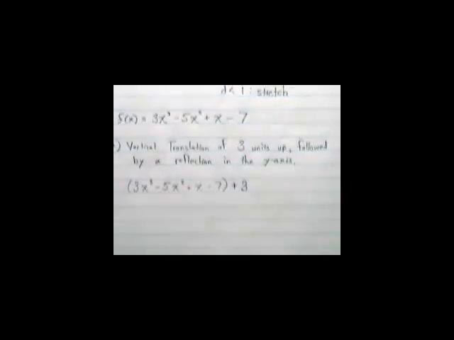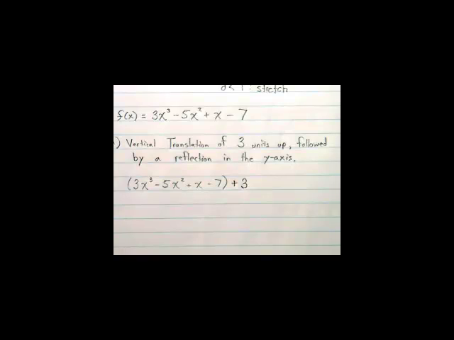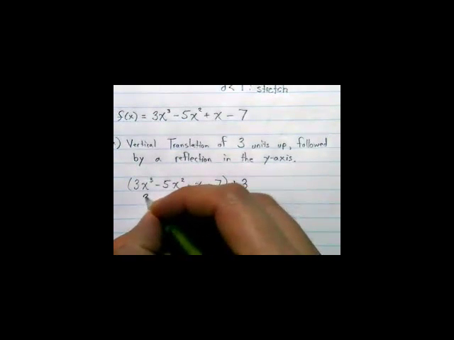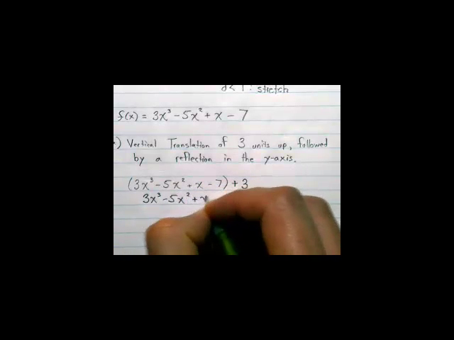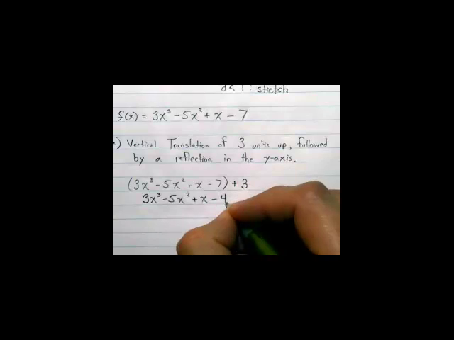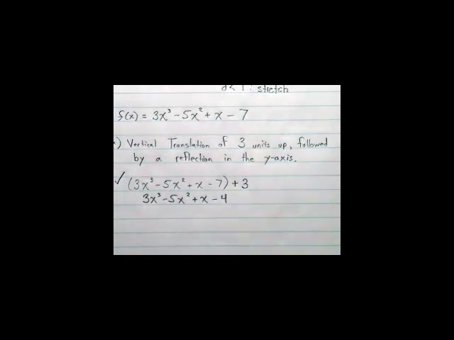You take the existing equation and you add 3. And then some of you said, okay, so that's going to make a minus 4 at the end instead of a minus 7. If you just combined up your like terms there, that's going to make 3x to the third minus 5x squared plus x minus 4. Okay, so that's the first step.